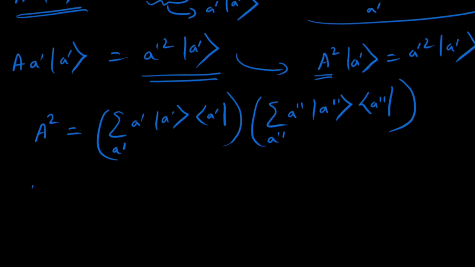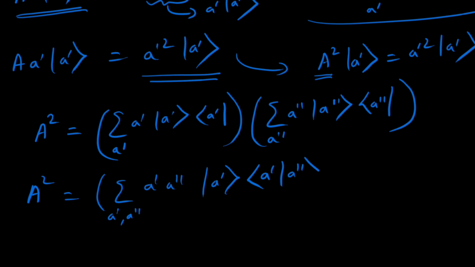Let's simplify it a bit more. So what do we get? We get two sums, over A prime and A double prime, with A prime, the inner product of A prime and A double prime, and A double prime.